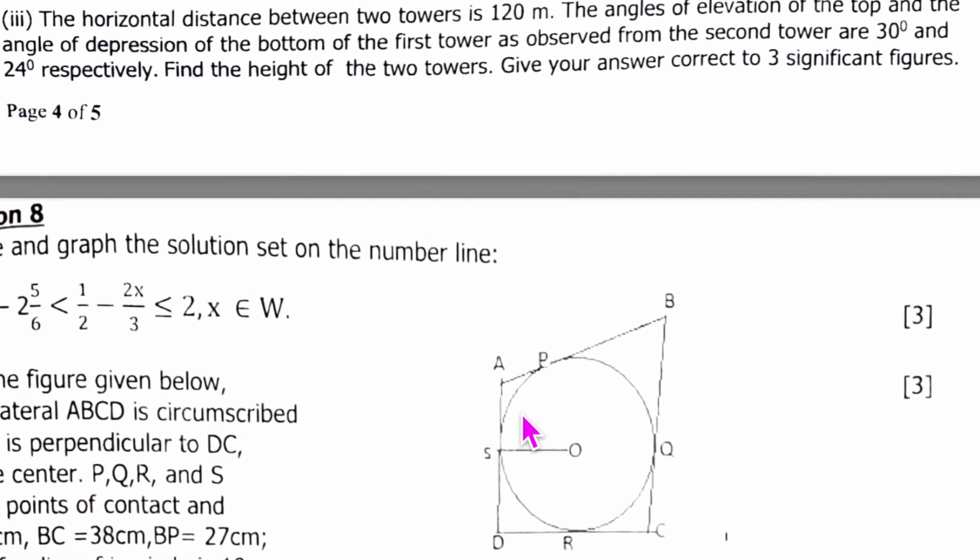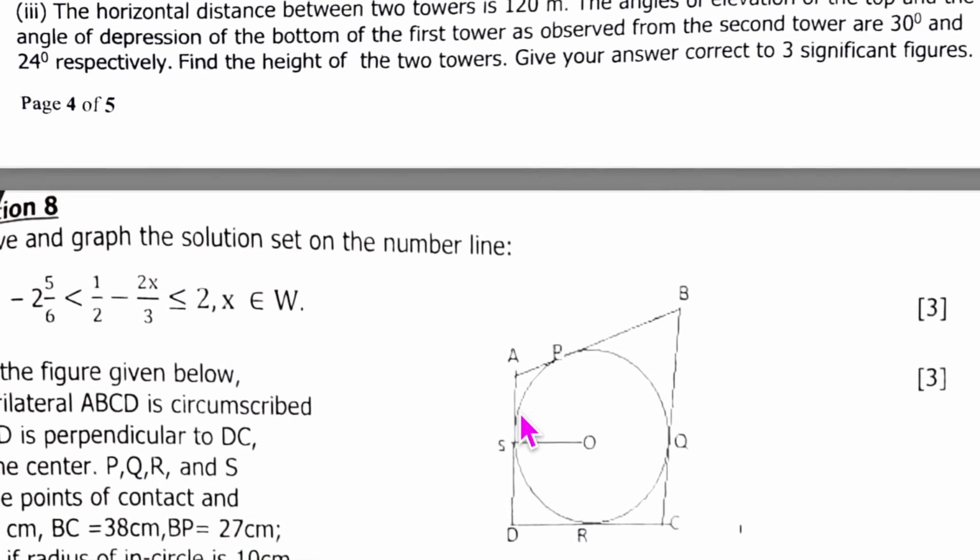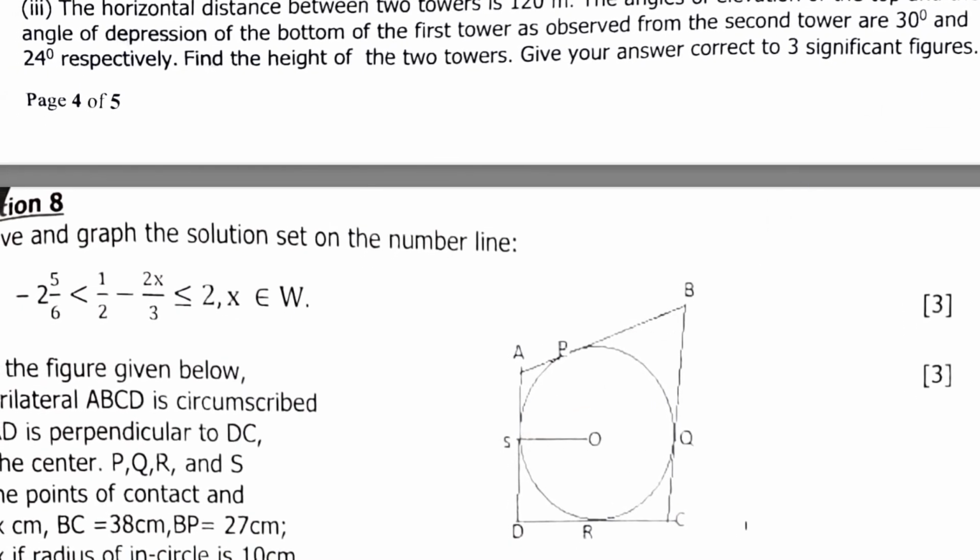Now look at this trigonometry question. The horizontal distance between the two towers is 120. The angle of elevation of the top and the angle of depression of the bottom of the first tower from the second tower. So angle of elevation is there and depression is also there.